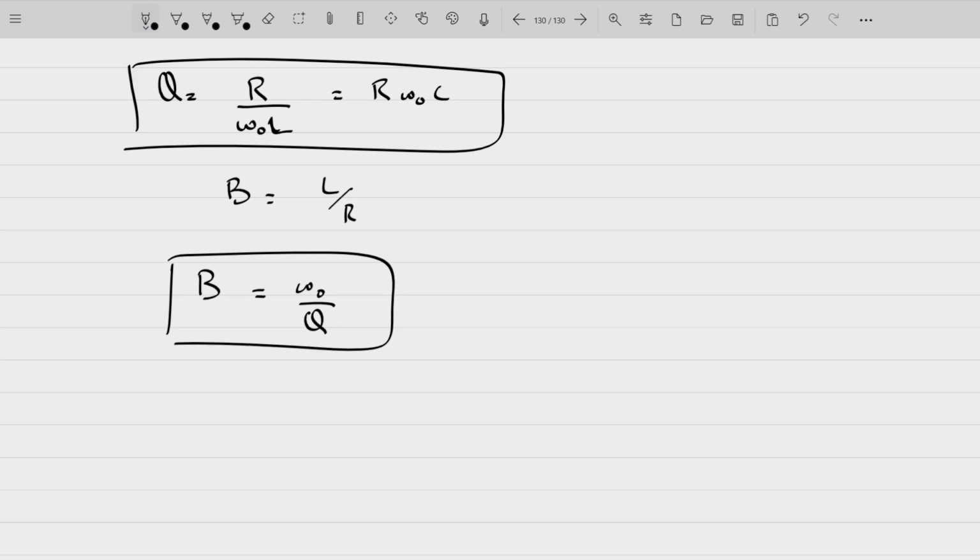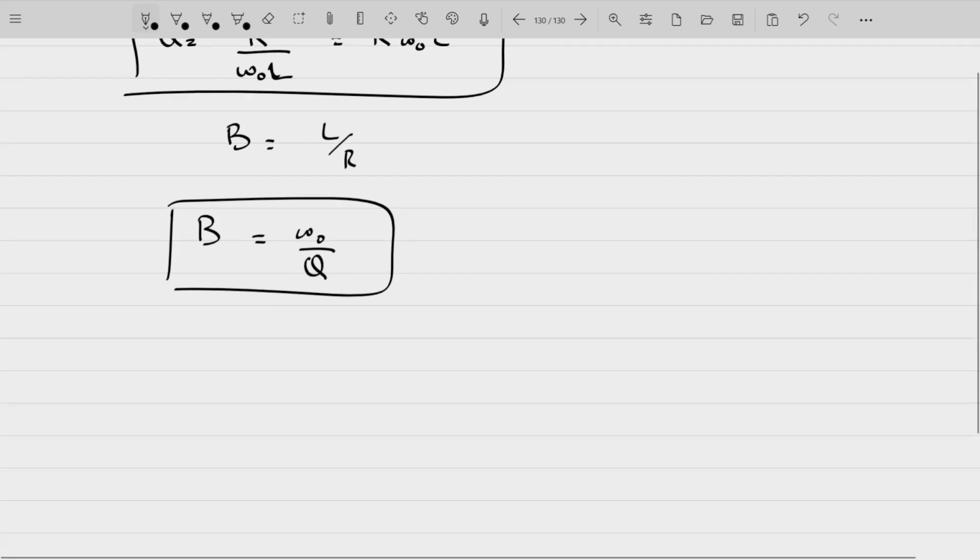Bandwidth will be equal to omega naught by Q. But since Q has reversed in this case, bandwidth instead of being equal to R by L will be here equal to L divided by R. You can also say it is actually equal to RC. In other words, अगर आप in terms of capacitive values निकालना चाहते हो, that's true for both series RLC circuit as well as parallel RLC circuit.